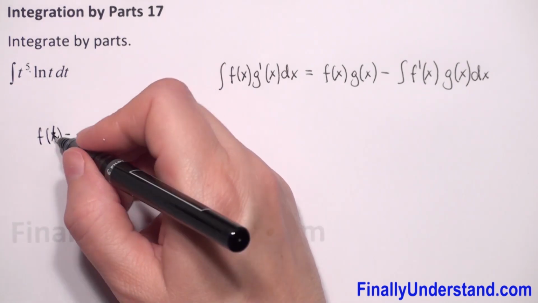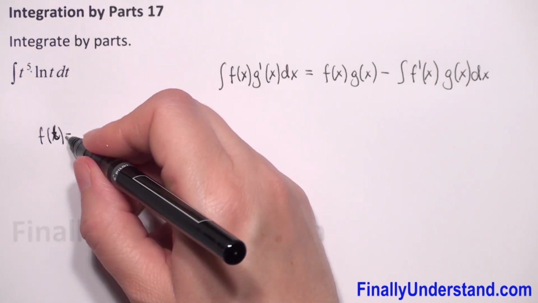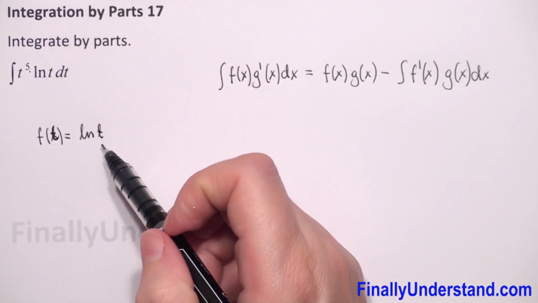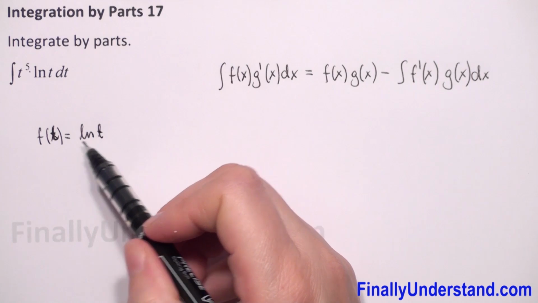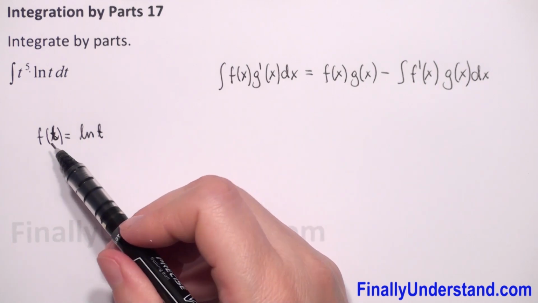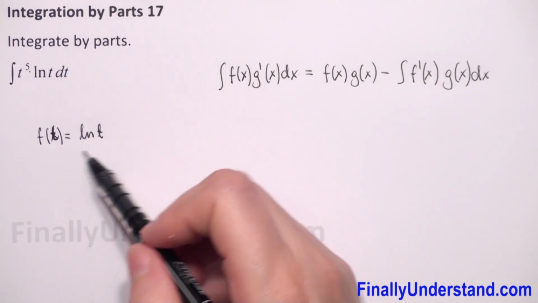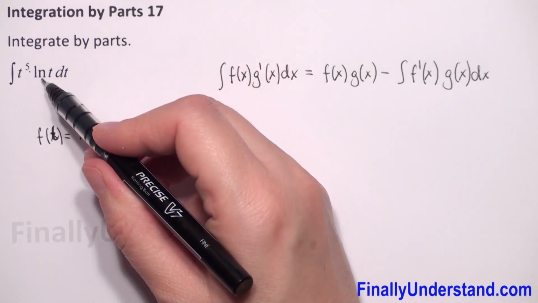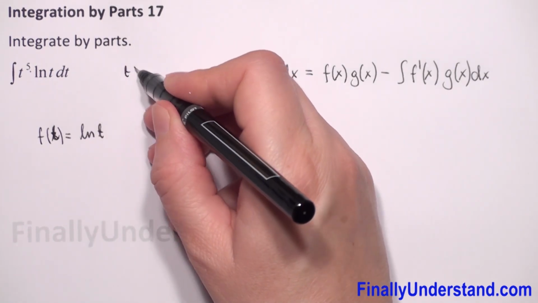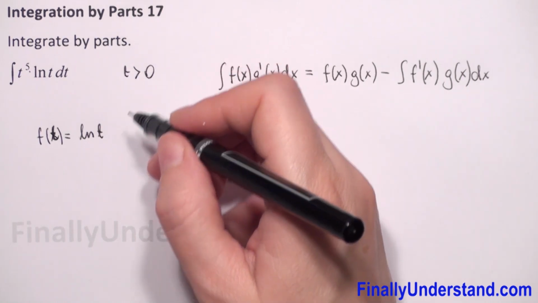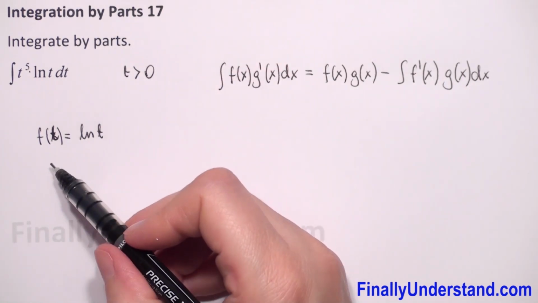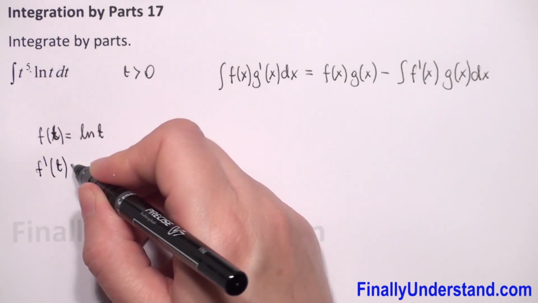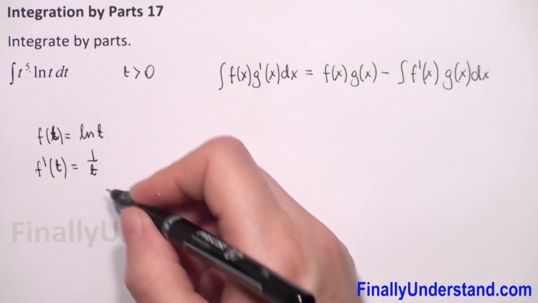We have with respect to t, f of t is equal to natural logarithm of t. Why do I put natural logarithm of t for f of t? Because when I take the derivative, I will reduce this natural logarithm. And of course, because we have natural logarithm, t must be greater than 0. So next, f prime of t is equal to 1 over t.